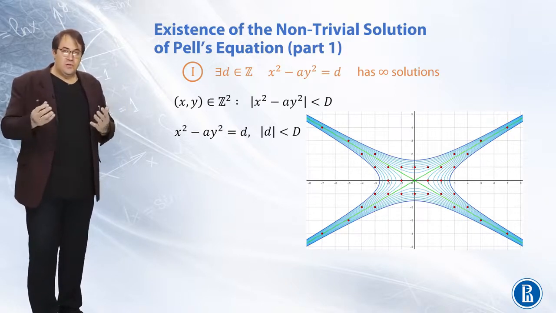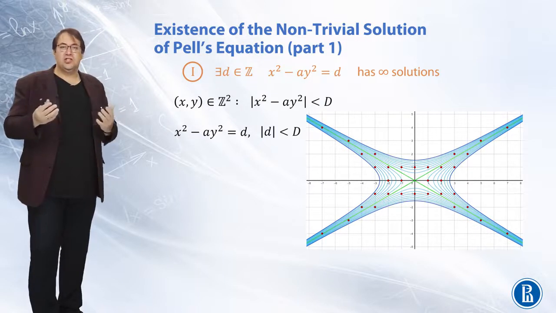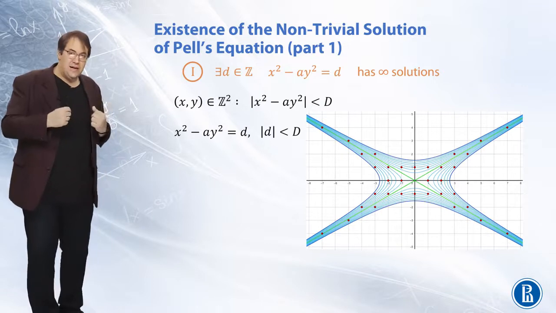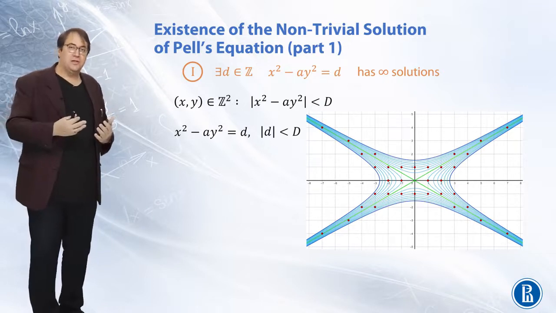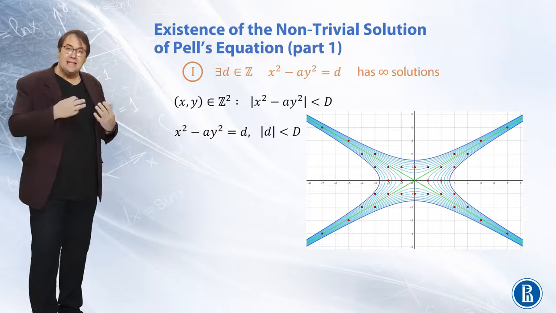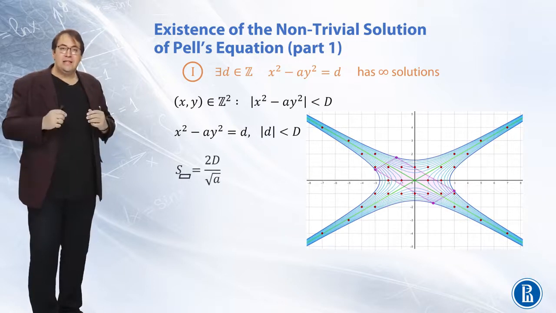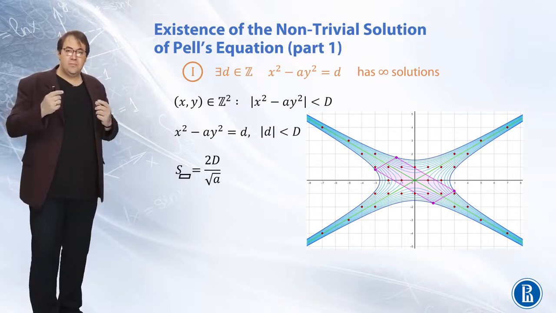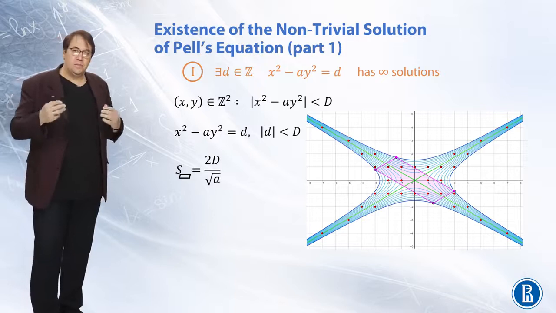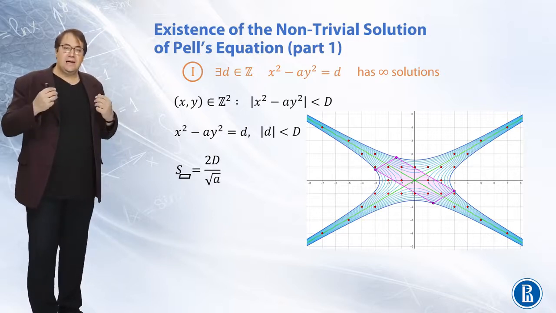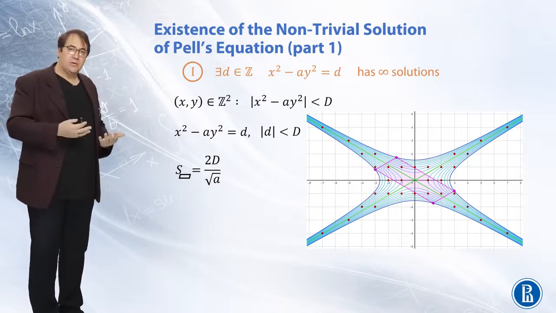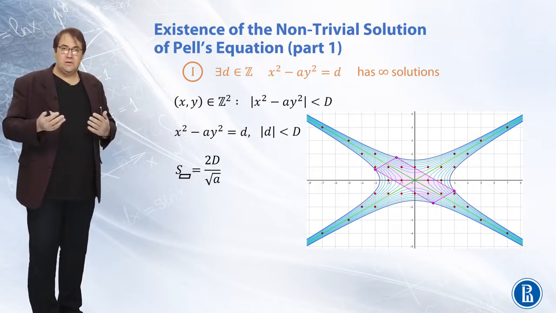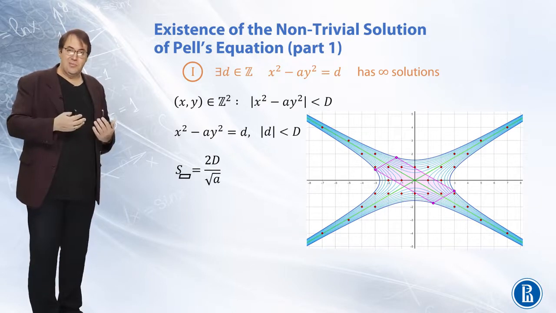In order to show that for sufficiently large D there are indeed infinitely many lattice points inside the region, we will consider a parallelogram with vertices on the boundary of the region, and sides of this parallelogram will be parallel to the asymptotes of all of the hyperbolas.